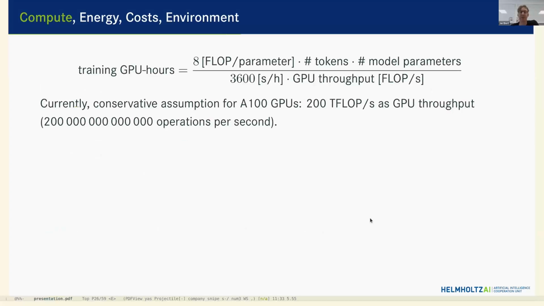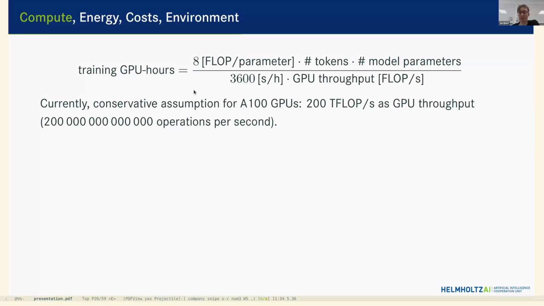So first we will try to figure out how much compute the training costs. Compute is how many resources of computing chips we need. And for AI training, we love to use so-called graphical processing units, or GPUs, because they are incredibly good at doing very many small calculations in parallel.